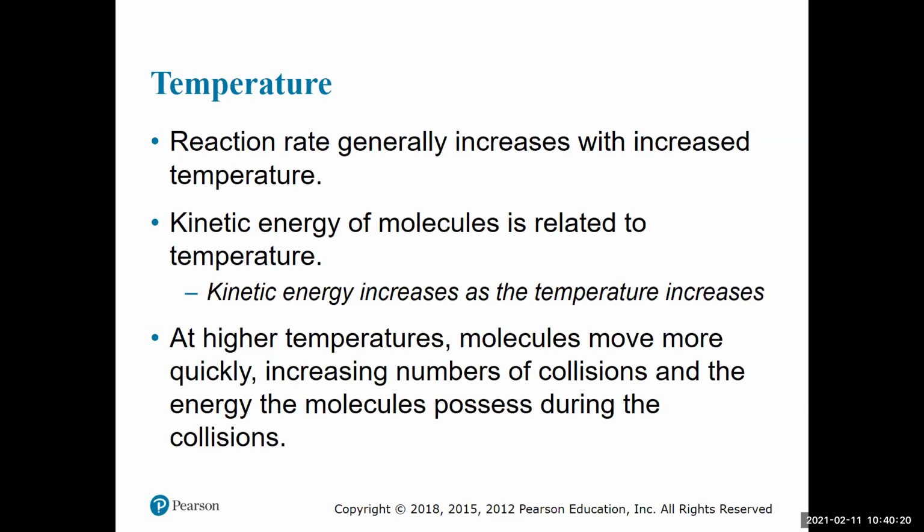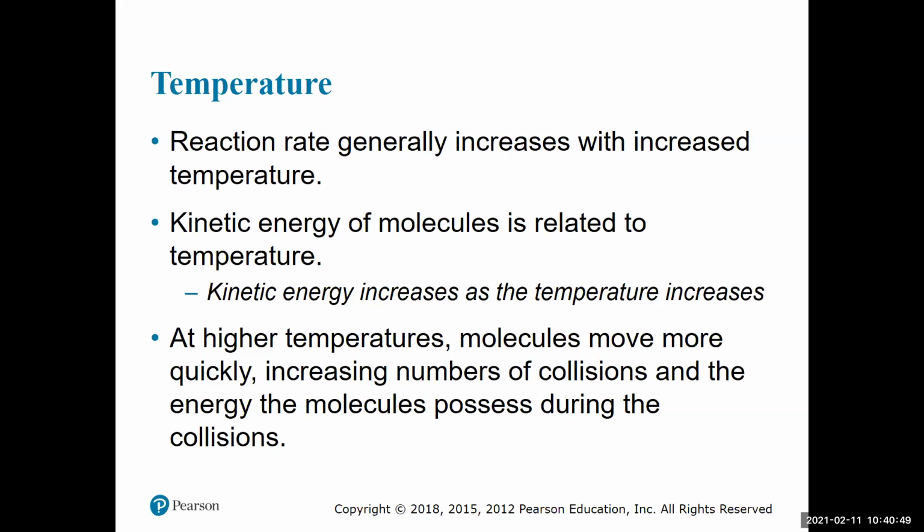If they're moving around faster, there's a greater chance for collisions, and if you have more collisions, that increases the probability of the reaction occurring. Also, when you increase the temperature, you've put energy into the system, and that energy goes into those molecules. So now the molecules have a little more energy than they would have at lower temperatures.